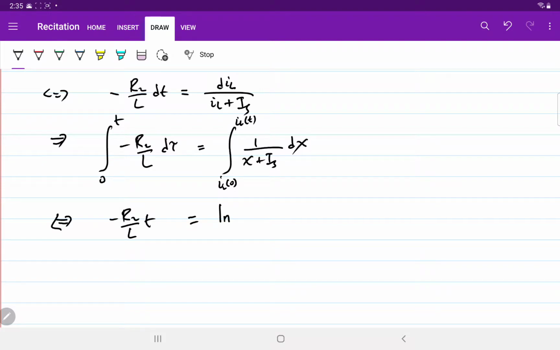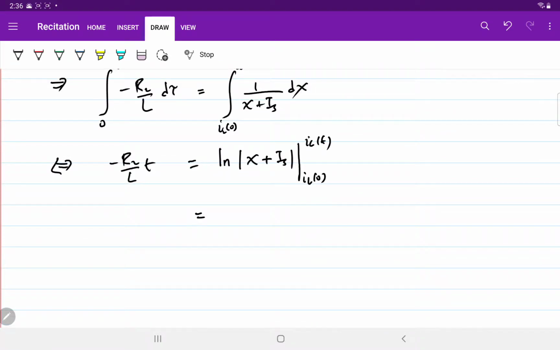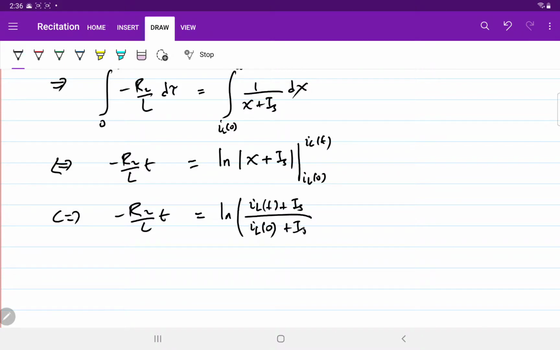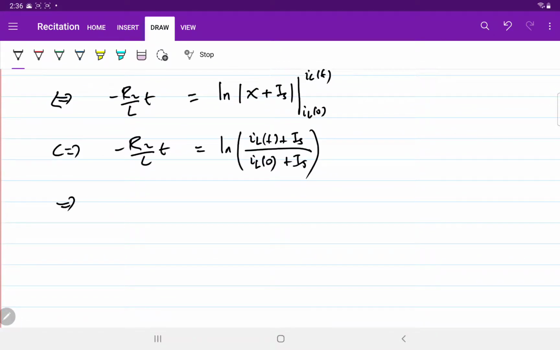It is the natural logarithm, log of the absolute value of x plus IS, from IL0 to IL of t, but this is actually the natural logarithm of IL of t plus IS over IL0 plus IS, and then here you apply the exponential, so e to the power minus R2 over L t equals this thing over here, right?